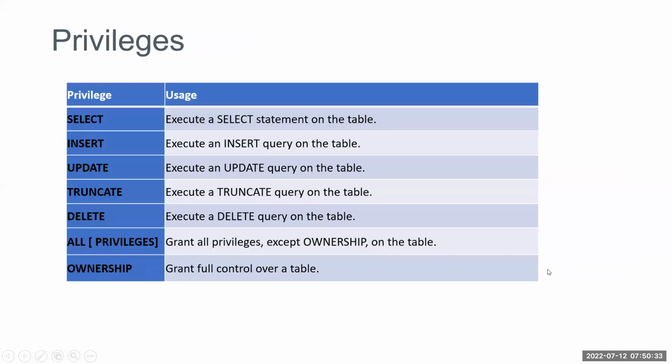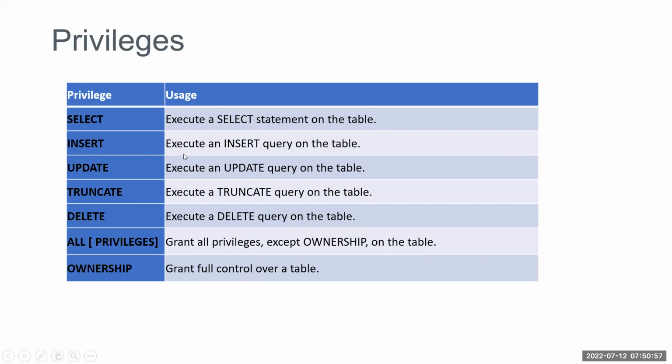Okay, and you may get a question: what are all the privileges we have? It's a select privilege, so we can execute only select statements on the table. For any table, if we are giving only the select privilege, that user can only view the data from the table. And insert privilege, update, truncate.